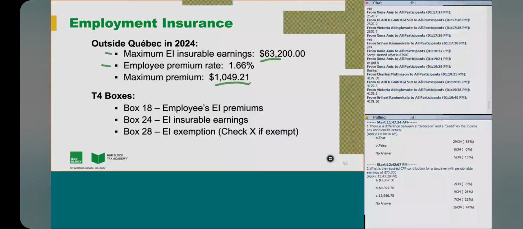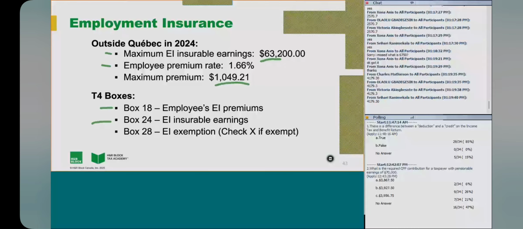So it's a more straightforward calculation because there is no basic exemption. You are assessed EI based on your first dollar of employment income, and there is no second tier. Box 18 is the EI premiums that are deducted in the year. Box 24 is the insurable earnings for the year, up to a maximum of $63,200.